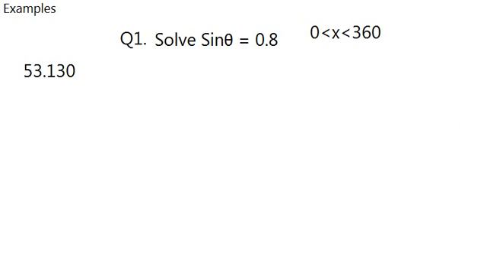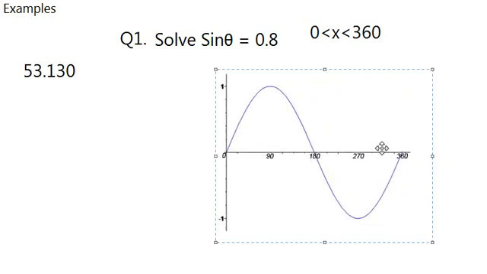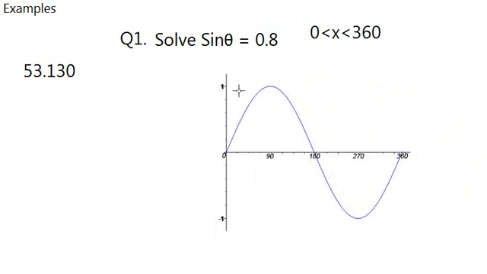So the way to find the other answer is to use a sine graph. Because sine theta is equal to 0.8, we know that the height, which is the y-axis, will be 0.8, and we can draw a horizontal line through it with a ruler.